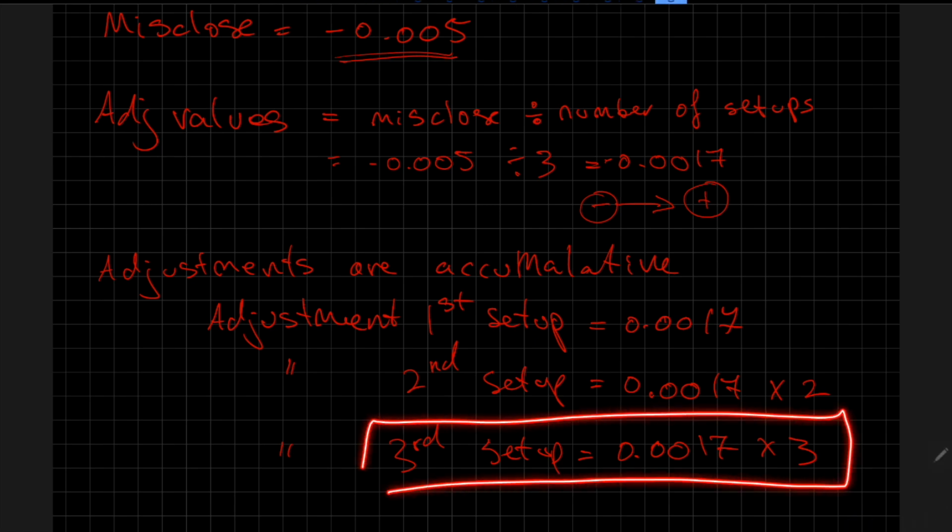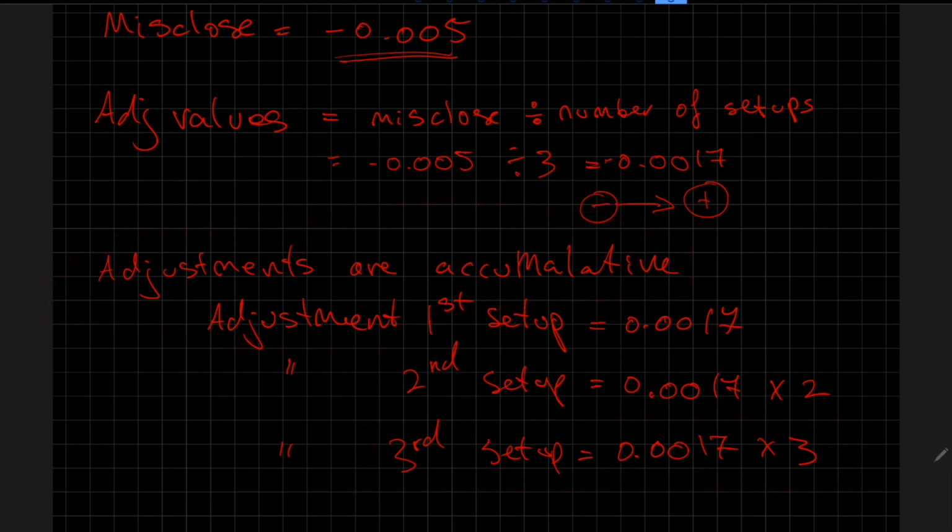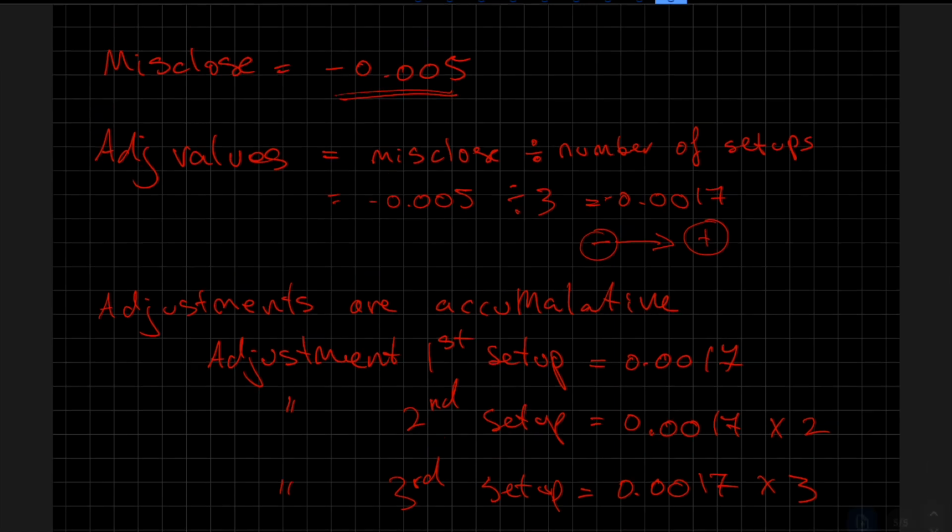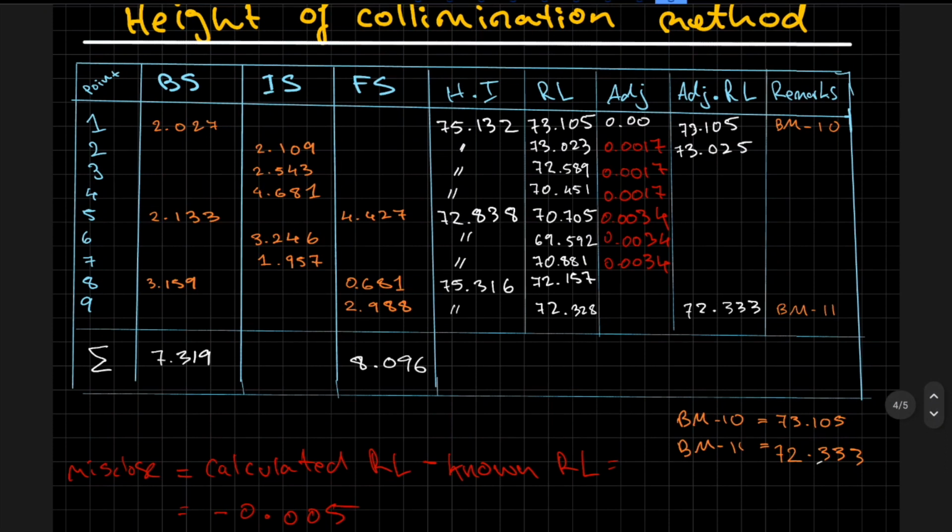Once again, remember that adjustments are accumulative. 3 times 0.0017 is 0.0051. Okay, 0.0051, 0.0051.